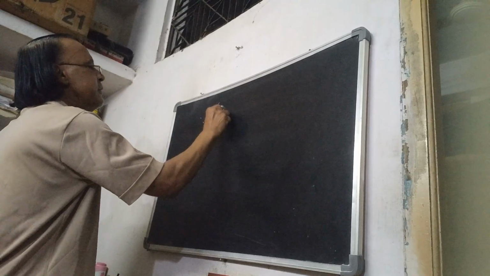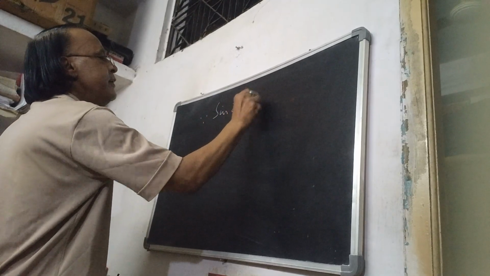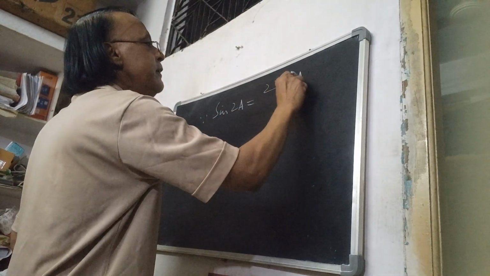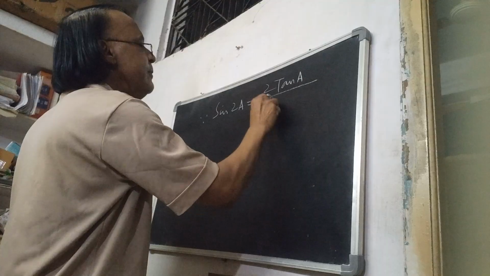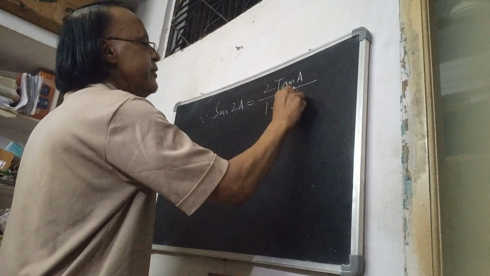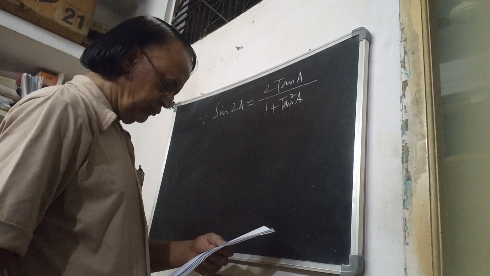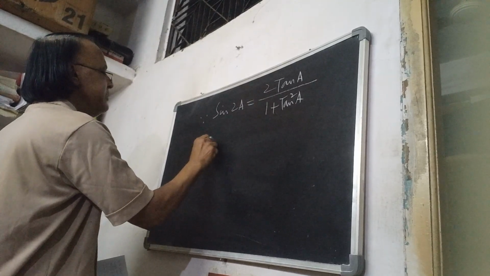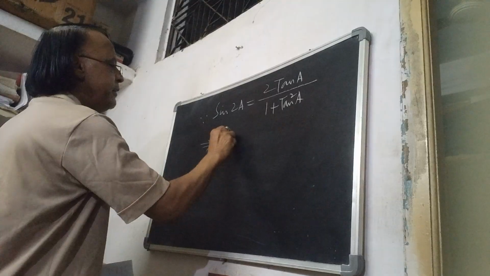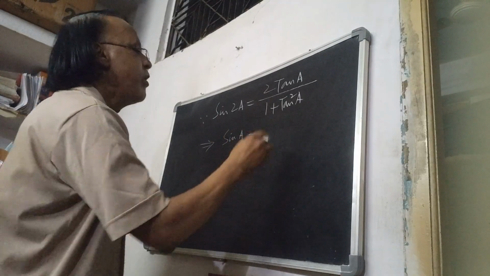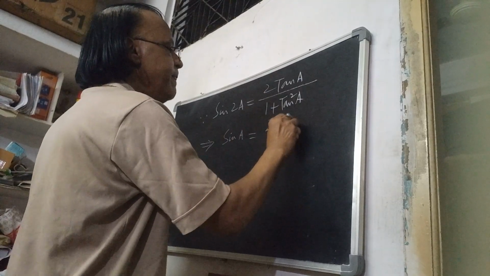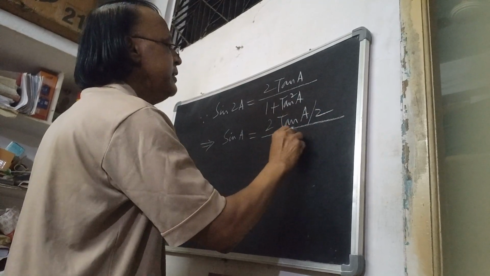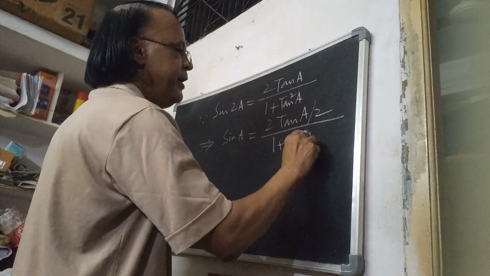Since sin 2a in terms of tan a is 2 tan a by 1 plus tan square a, this implies sin a is equal to 2 tan a by 2 by 1 plus tan square a by 2.